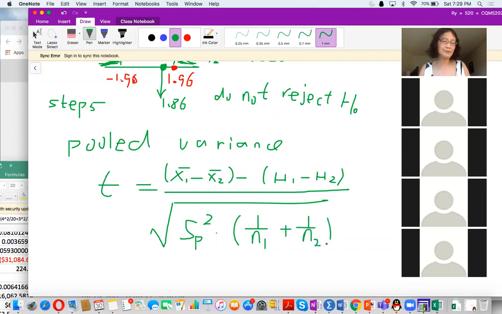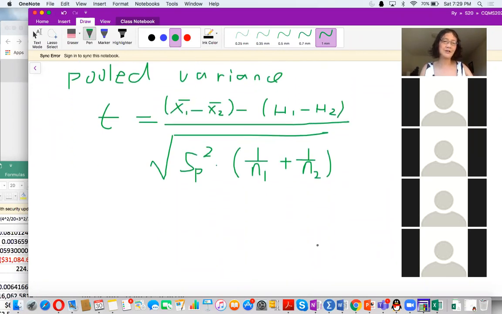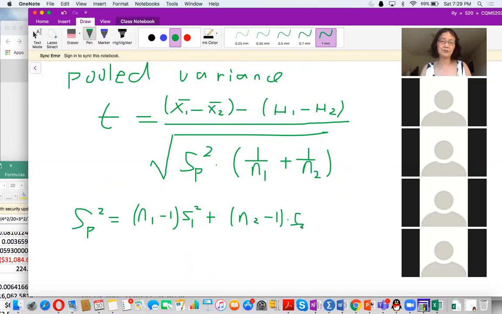And then what is Sp squared? Sp squared is the pooled variance. So Sp squared equals N1 minus 1 times sample 1 standard deviation squared, plus N2 minus 1 times sample 2 standard deviation squared, and then over N1 plus N2 minus 2.